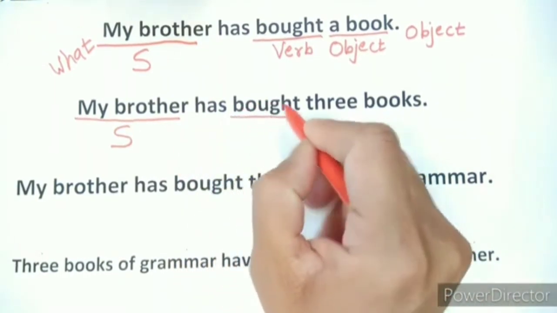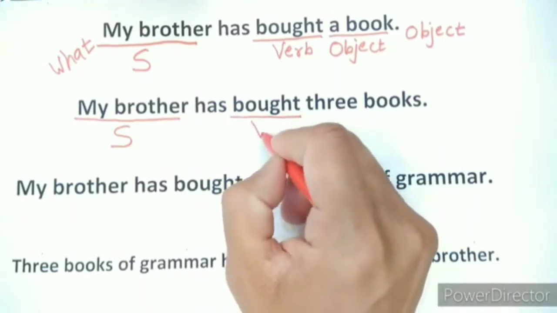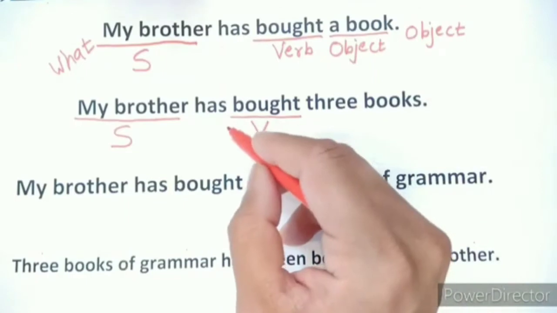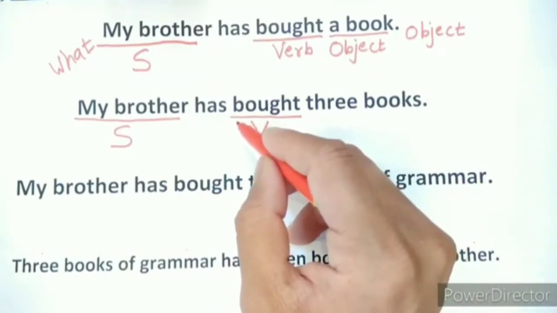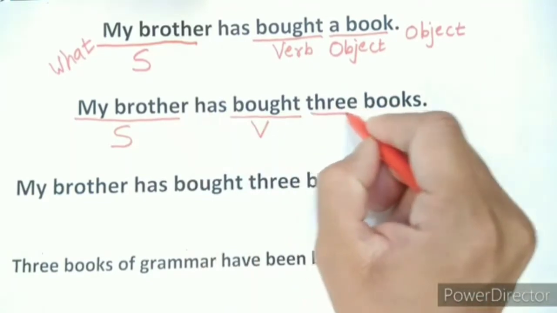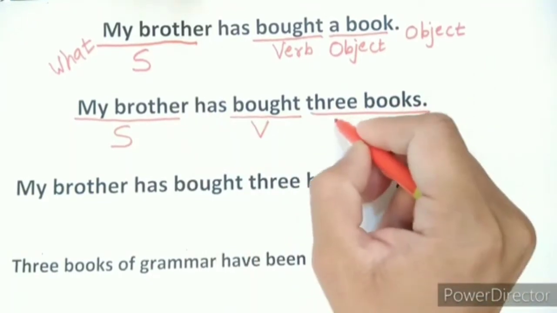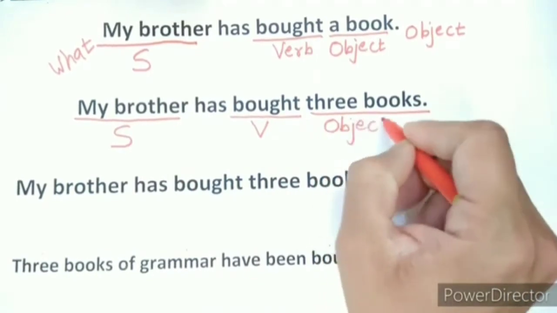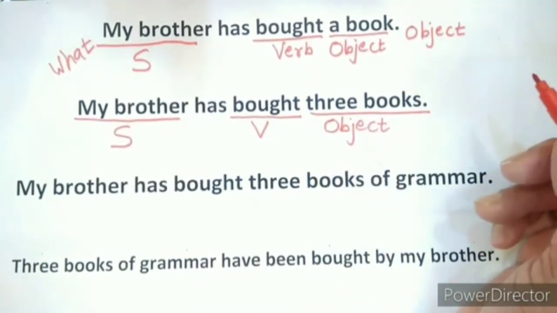Once again, we have the verb bought here, and if we ask a question with the WH word, what has my brother bought? The answer is 3 books, and therefore 3 books is the object of this sentence.